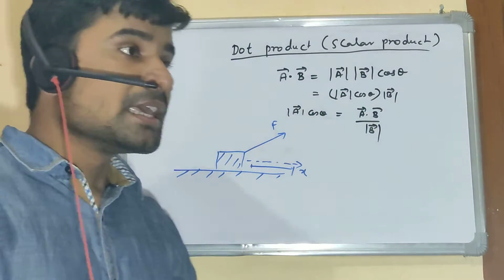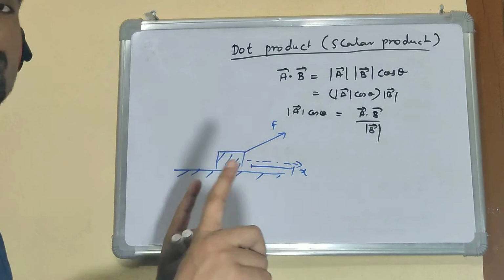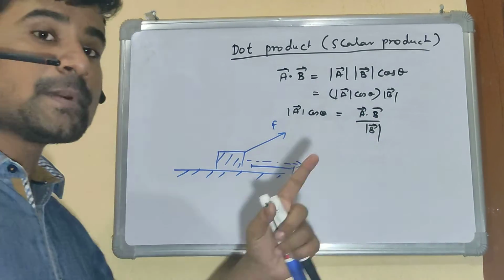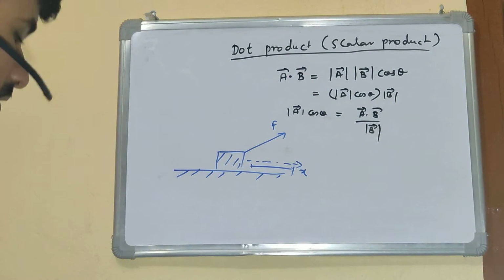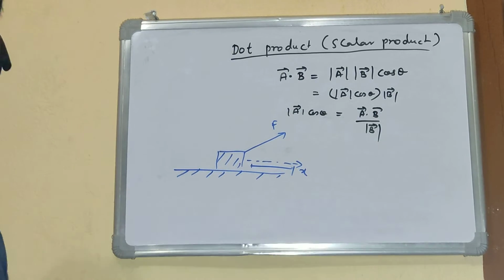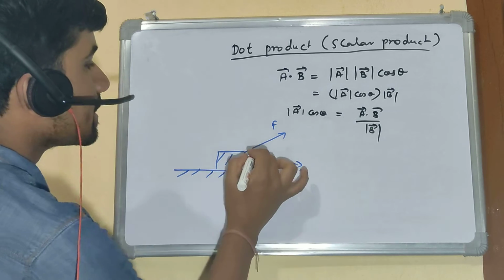If force and displacement are perpendicular to each other, there won't be any work, right? So only and only if there is a displacement in the direction of force, work is said to be done. So you see, displacement is in this horizontal direction. Force is acting at some angle, right? Let's say this angle is theta.